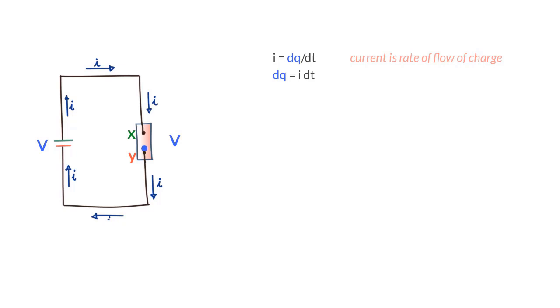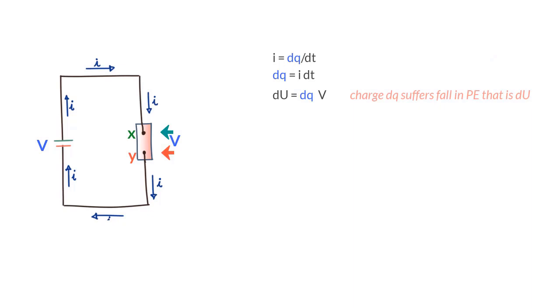Then charge dq has moved from a place of high potential to a place of low potential, and this drop in potential is V. If there is a drop in potential, the electric potential energy of this charge should also reduce, and this reduction in energy is denoted by dU. That equals dq times V, which in turn can be written as I dt V.